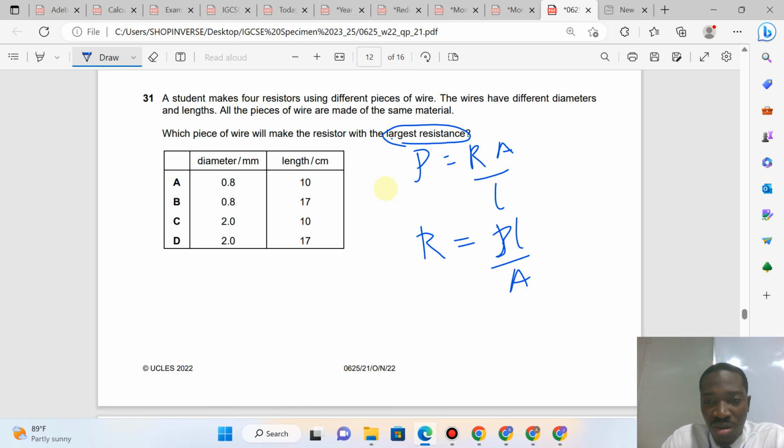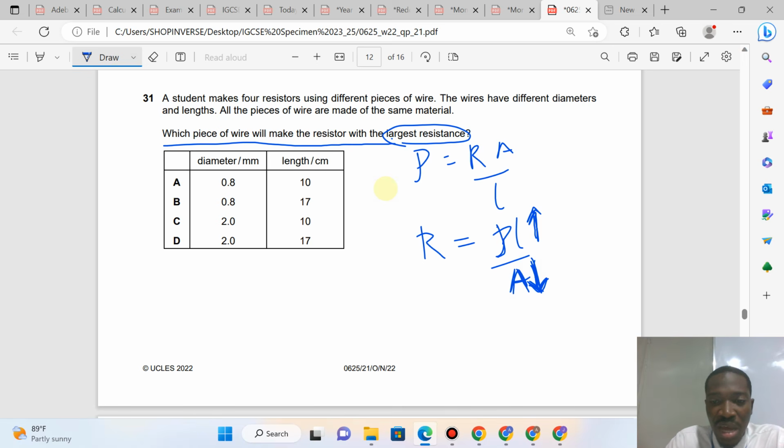What that means is that when the length is high, resistance is high. When the area is low, resistance is high. So which piece of wire will make the resistor with the largest resistance? The one with the largest length and lowest cross-sectional area, or lowest diameter. Diameter determines the area: when diameter is big, area is big; when diameter is low, area is low.